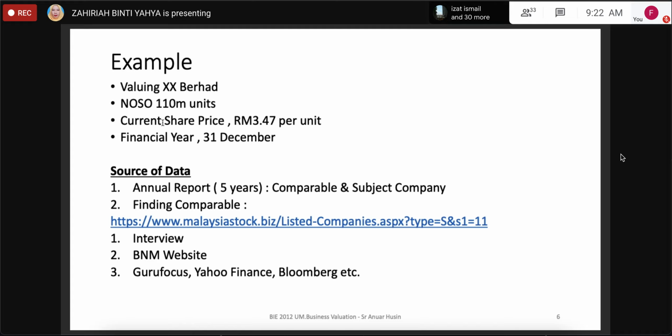So how to get the current share price? Bursa Malaysia. Clever. Look at the current price at Bursa Malaysia.